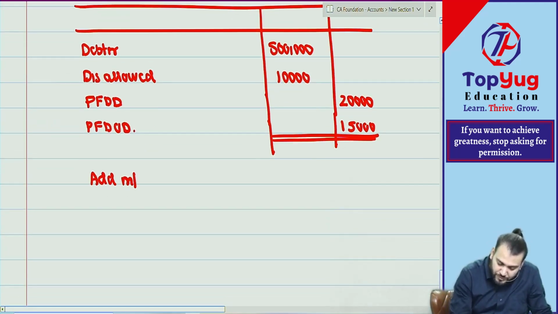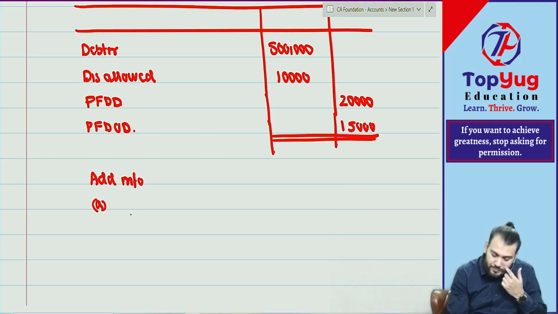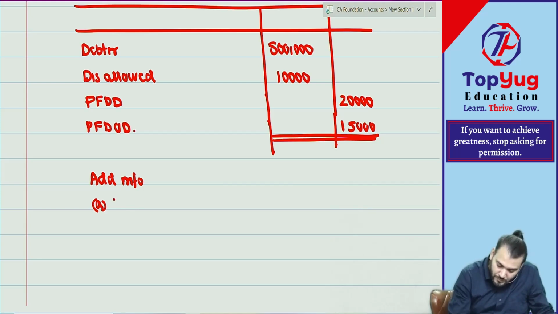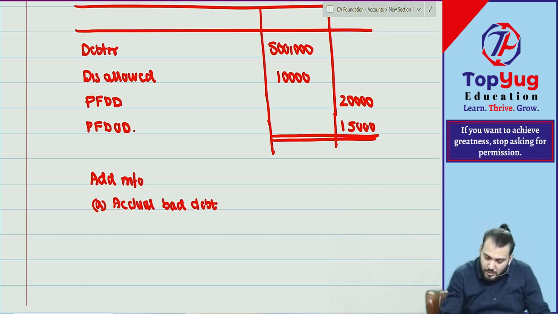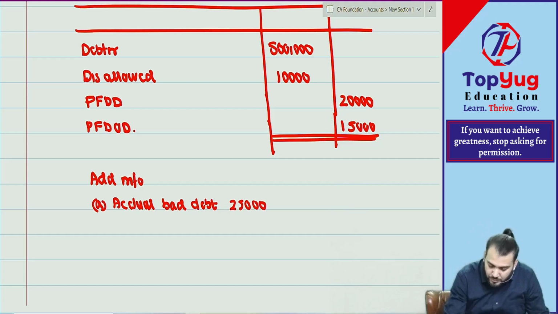Additional information, point A. Actual bad debt is 25,000.